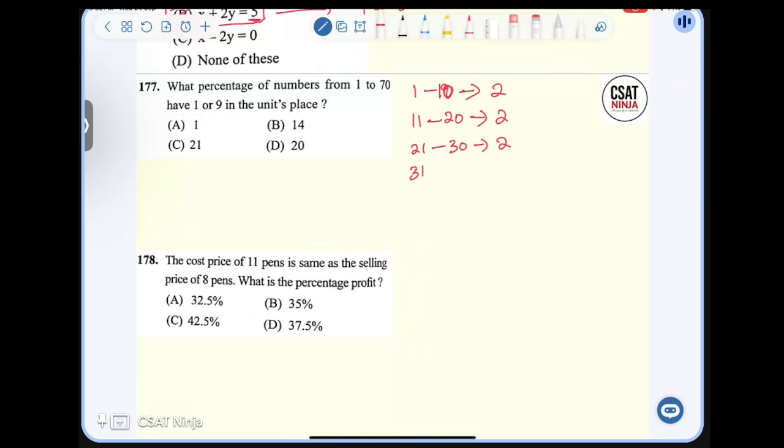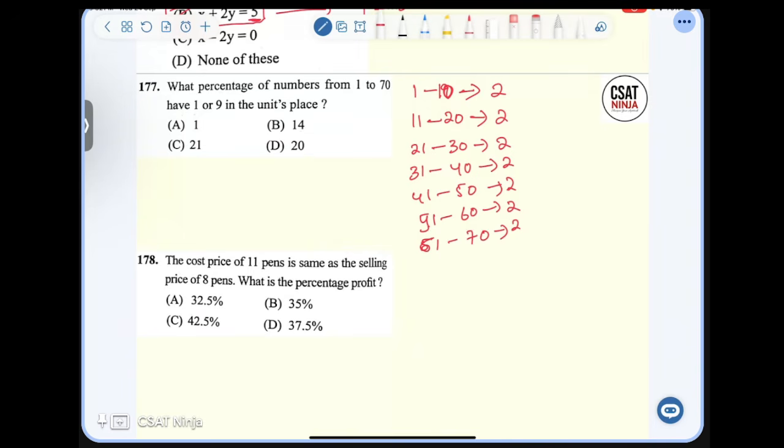Same thing, 31 to 40, another 2. Again, 41 to 50, another 2. For 51 to 60, another 2. And 61 to 70 will give you another 2.